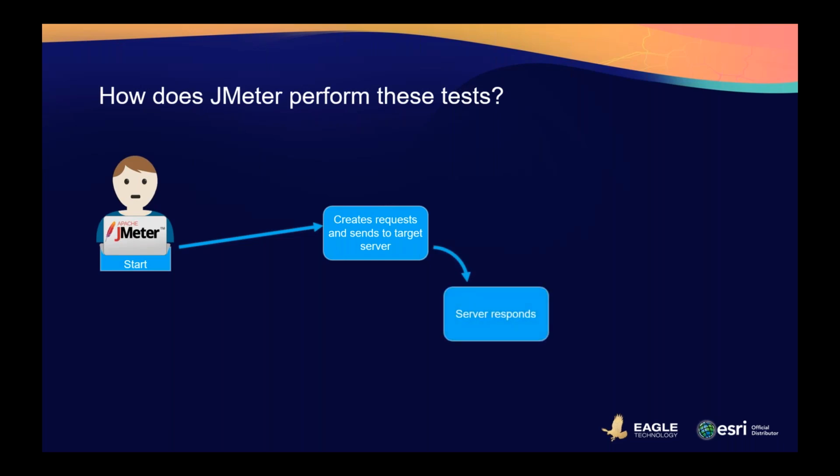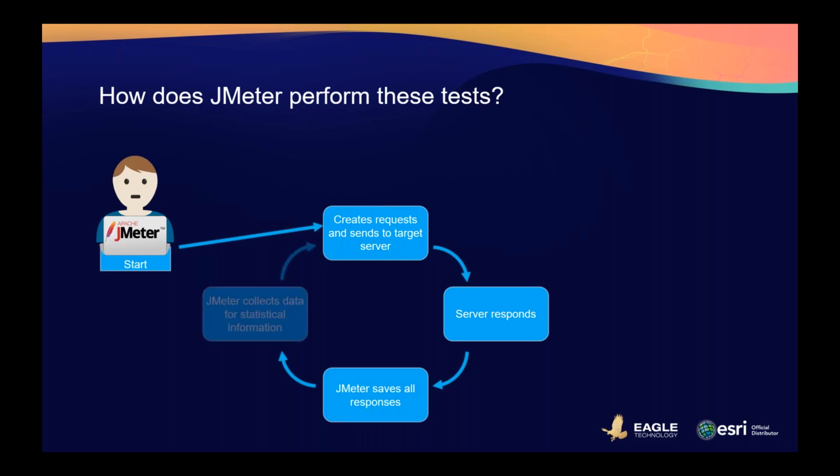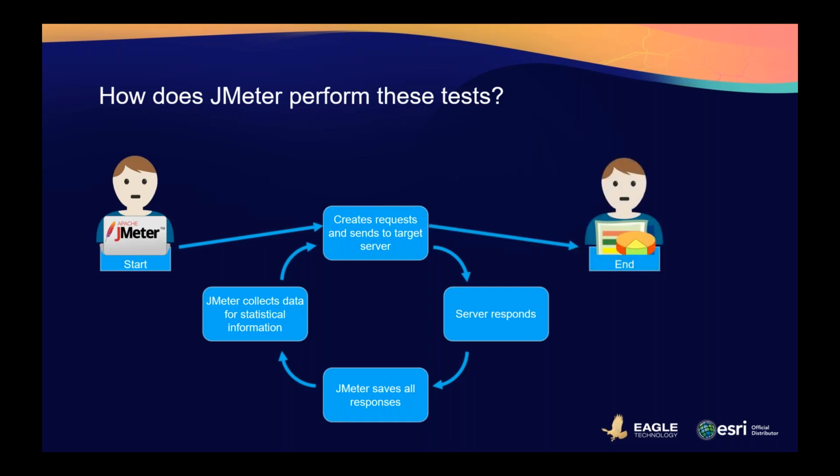The ArcGIS server will then respond to that and then send those responses back to JMeter, where JMeter will then save those responses. It'll collect all of that data for statistical information, and then all those statistics are then used in an output report that you can view and analyze.